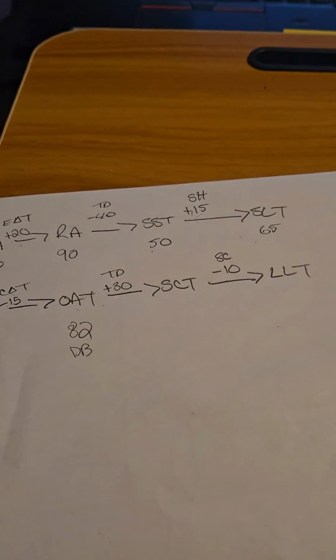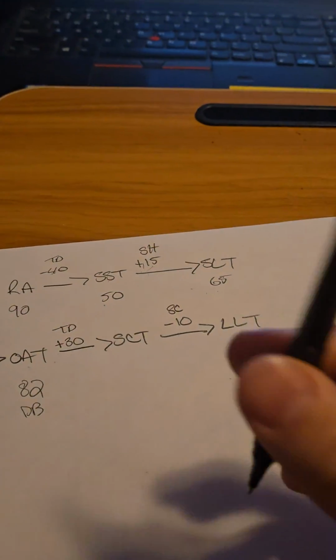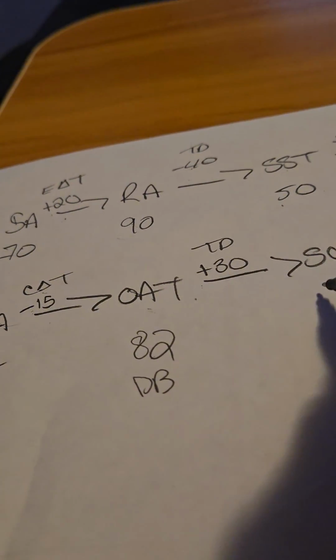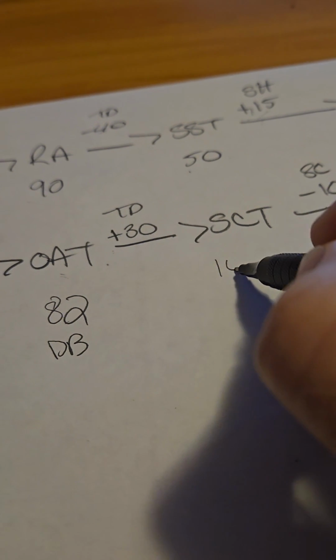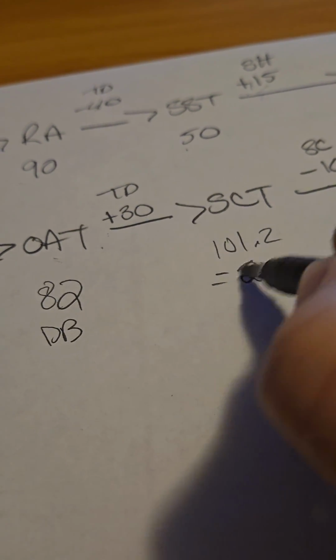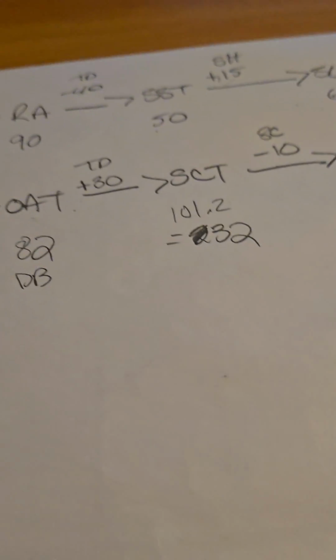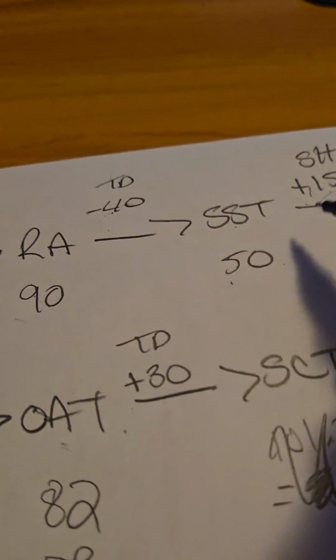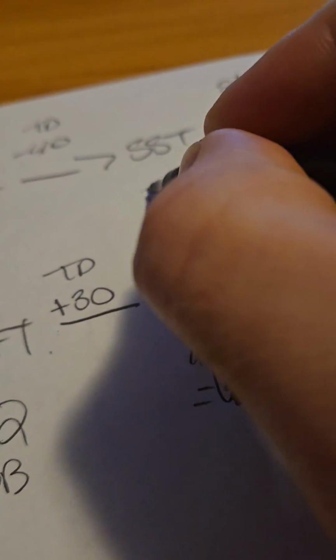And you can do that with this guy, right? So we have 101.2 pressure on the suction side, which equals 32. Oopsie, that's the wrong side. It's supposed to be up here. 32. Bear with me.